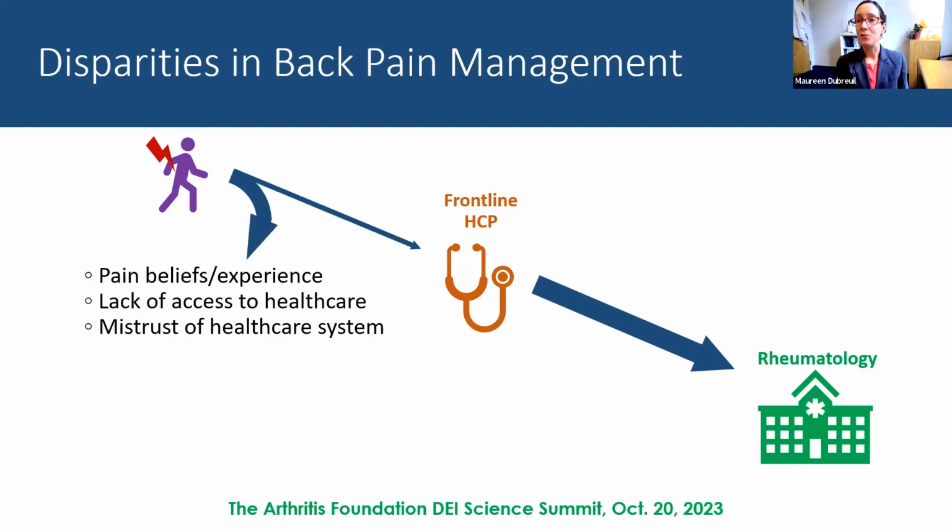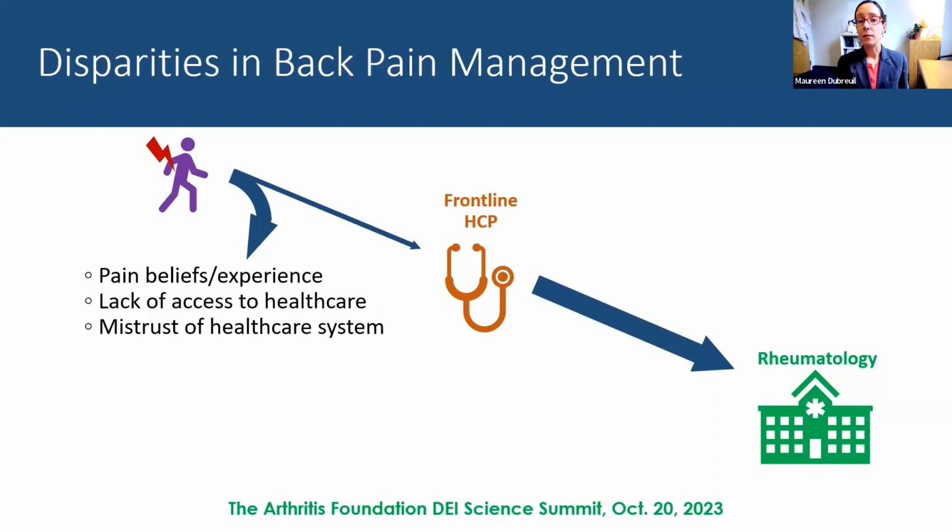We can think about the journey as a person with back pain seeks healthcare, initially from their frontline healthcare provider, and some potential barriers in that journey that might disproportionately keep some people from accessing or seeking care. So as some examples, there are differences in pain beliefs or the pain experience that may prevent some people from accessing care.